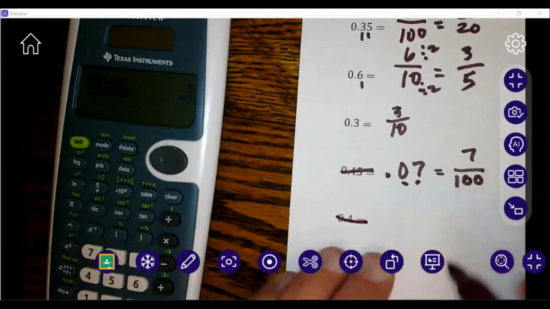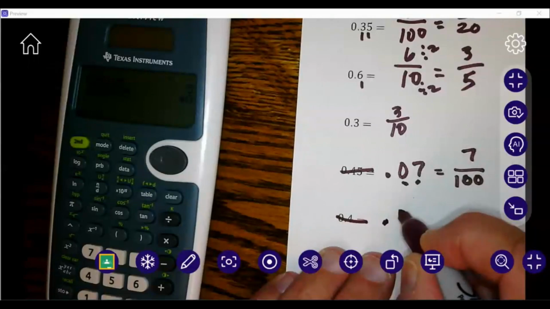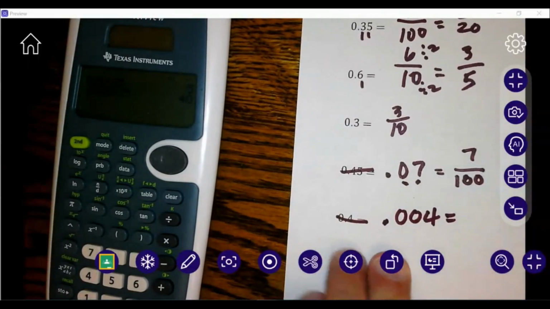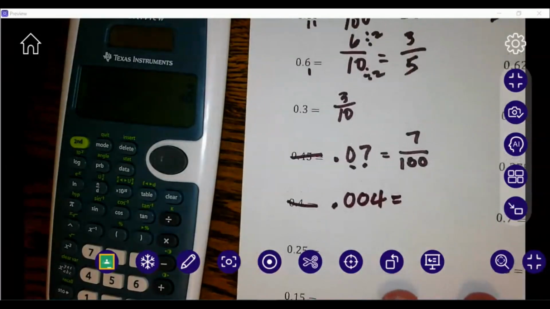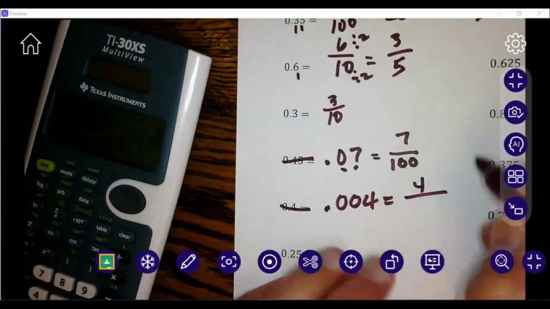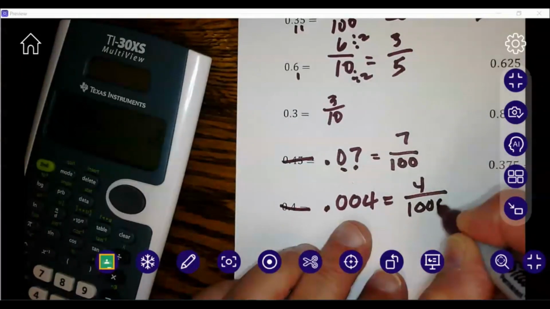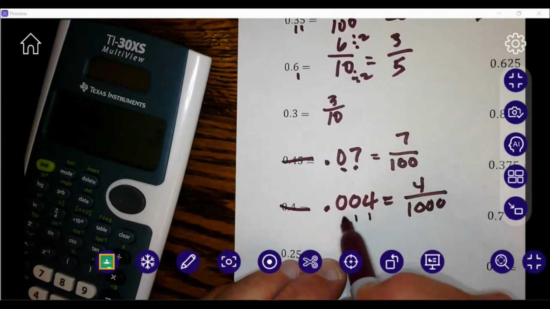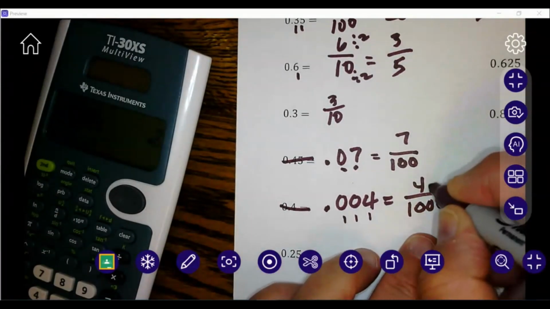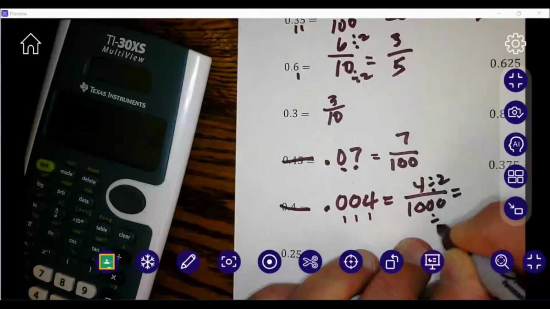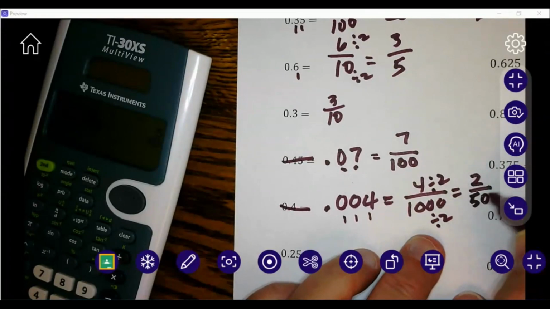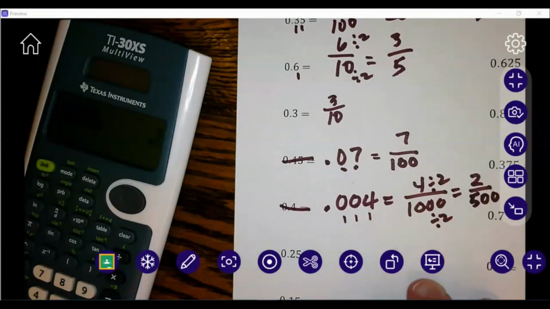Okay, I'm going to change this problem to 0.004. You're correct, it's 4 over 1,000. We have to have a 0 for each decimal place, but 4 over 1,000 will reduce. We can divide the top and bottom by 2, and we get 2 over 500.